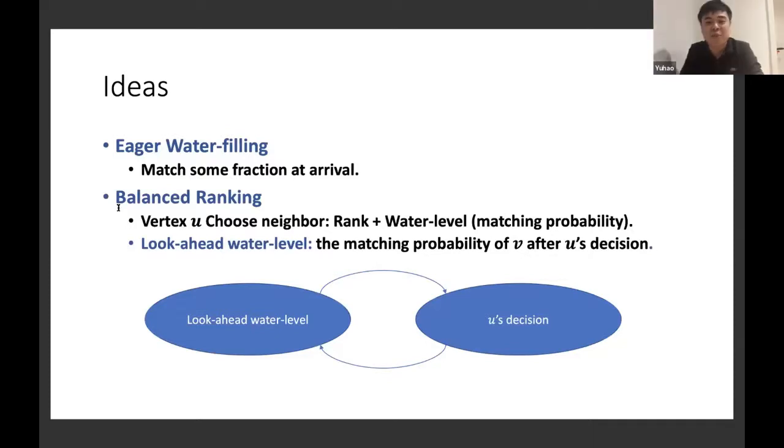I just talk about balanced ranking, because in the worst case of the ranking algorithm, we find that we do not give enough bias to those vertices which have low water level. So we just give some bias to them. That's our basic idea.